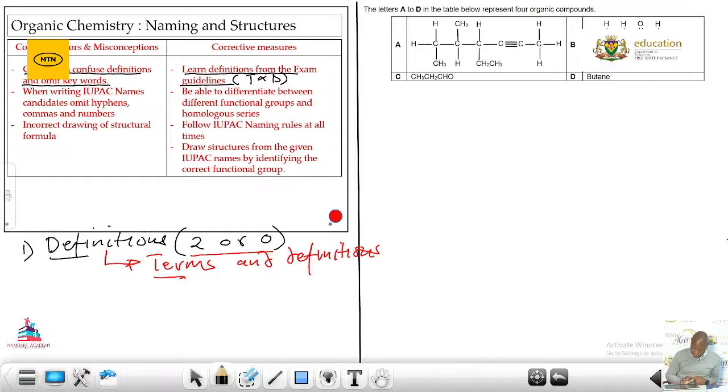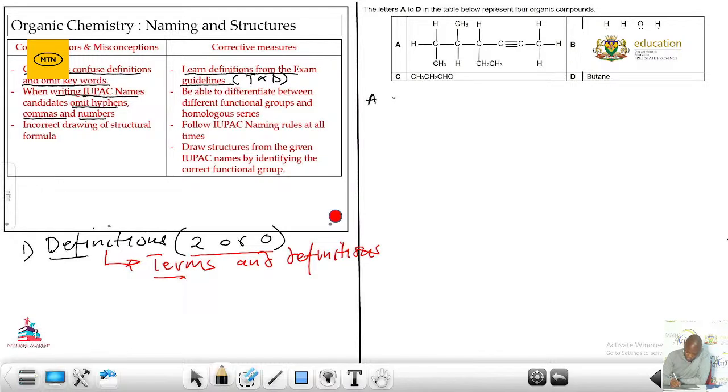Now let's look at bullet number 2. It says, when writing an IUPAC name, candidates omit hyphens, commas, and numbers. So I am going to use A as an example.